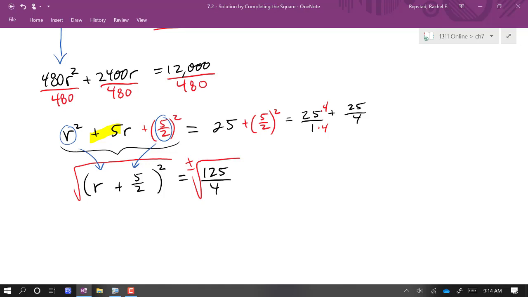You certainly could approximate at the beginning, since being an application problem, we're going to want to approximate anyway. We get r plus 5 halves equals plus or minus, now I'm going to split up this radical over division, the square root of 125 over the square root of 4. And the square root of 4 is 2.